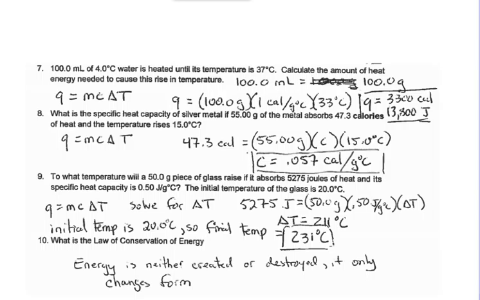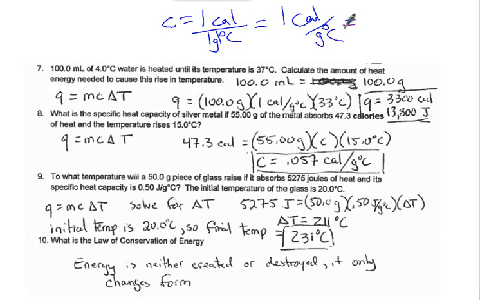If it's calories, then the heat capacity for water would be 1 calorie per gram per degree Celsius. We would just usually write 1 calorie per gram degree Celsius. If it was in joules, then it would be 4.184 joules per gram degree Celsius.